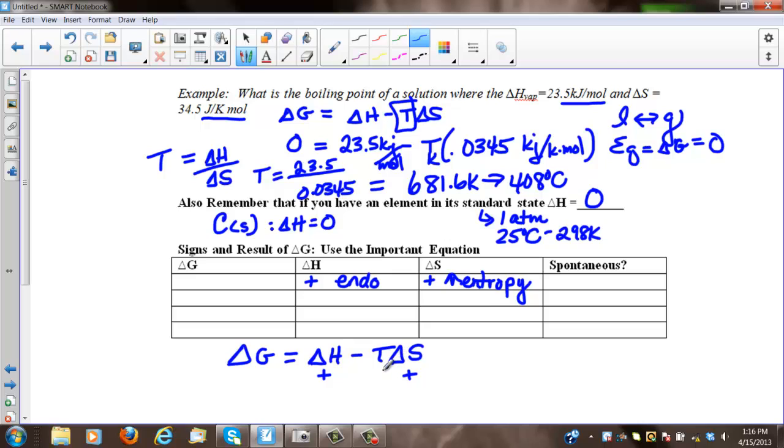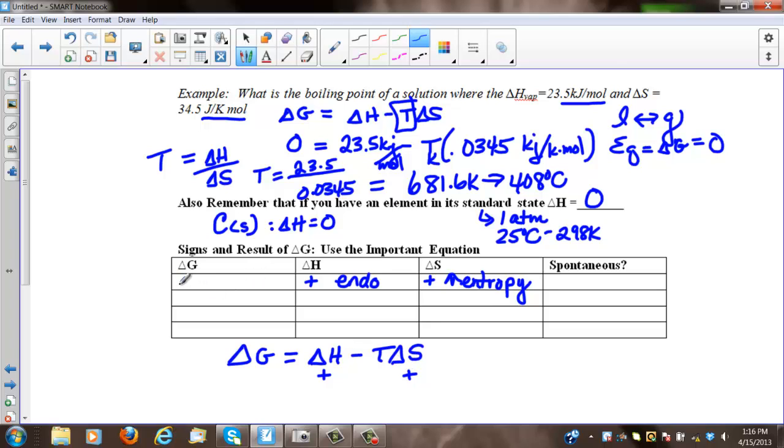Well, it should be easy to see that if my temperature is really small, then this T delta S could be small enough that delta G would be positive. However, if my T is extremely high, then this T delta S product is going to be large, which means that my delta G would be negative.